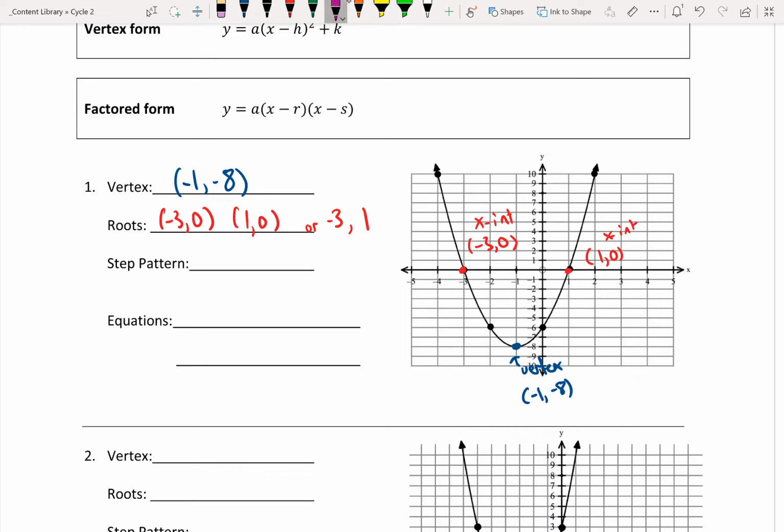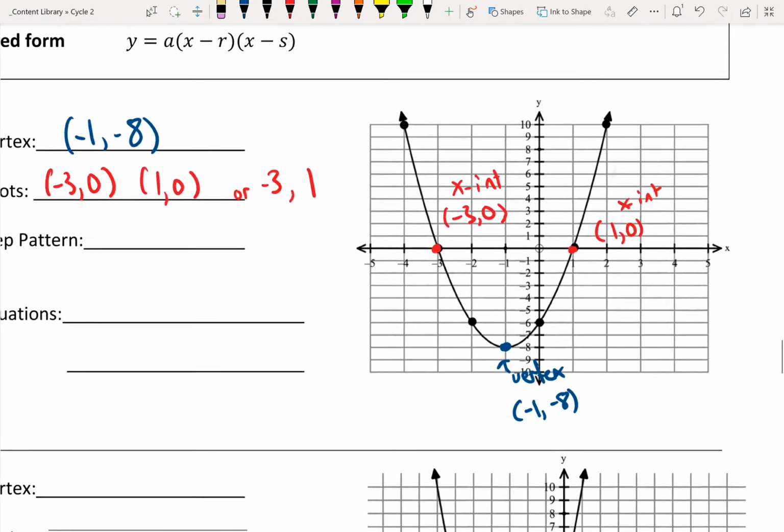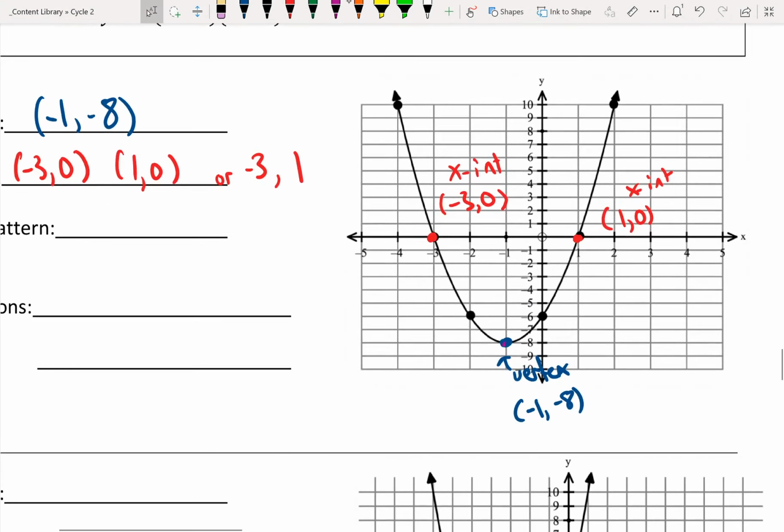The step pattern, remember how we figure out the step pattern: we have to look at our graph. We're going to start at our vertex, and we're always going to take one step to the left or the right. Either way, it doesn't matter. Remember, it's symmetrical. So I'm going to take one step to the right, and then I'm going to go up 1, 2. So I have a step of 2, and that's where I hit my first point.